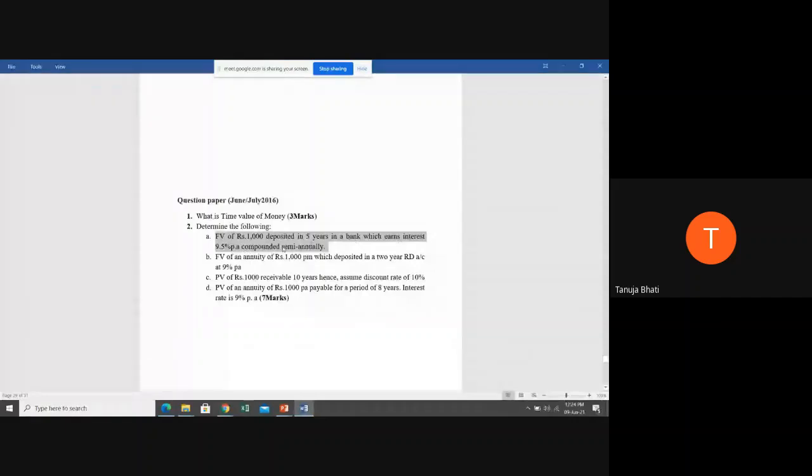Can anyone tell me what they have asked in this particular problem? Which formula am I supposed to use?